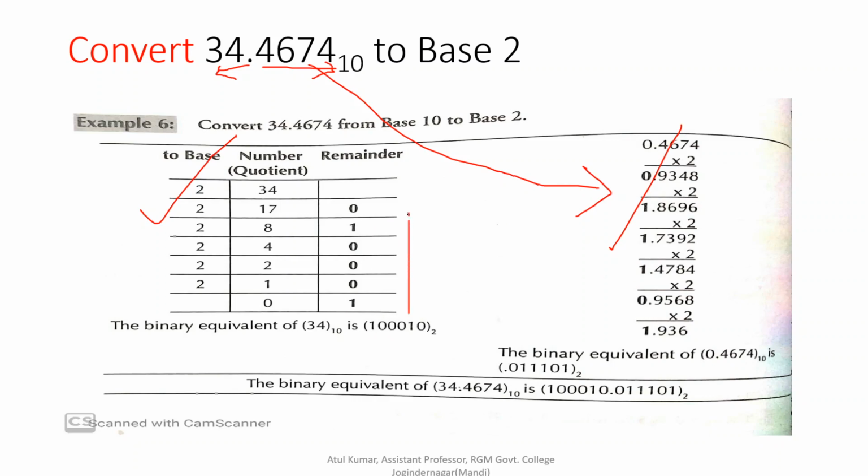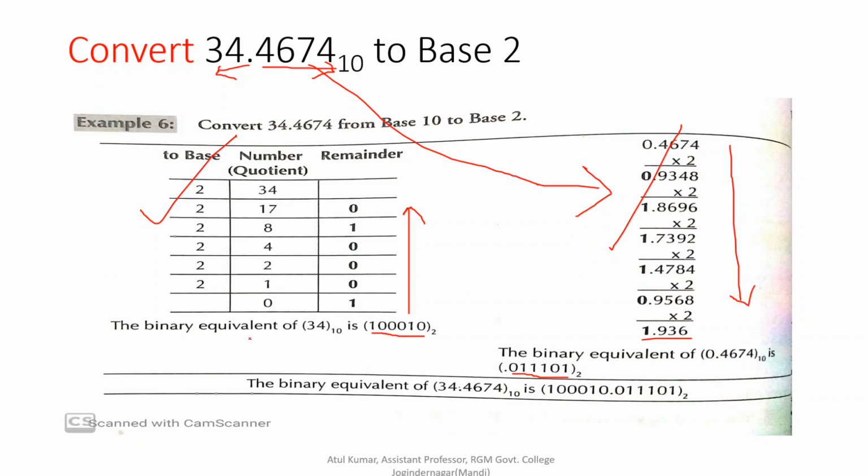Firstly, for divide by 2 we follow from downward to upward, so the binary equivalent for 34 is 100010, and for the decimal part 0.4674, the binary equivalent is 0.011101, as I explained earlier for fractional and non-fractional decimal numbers.